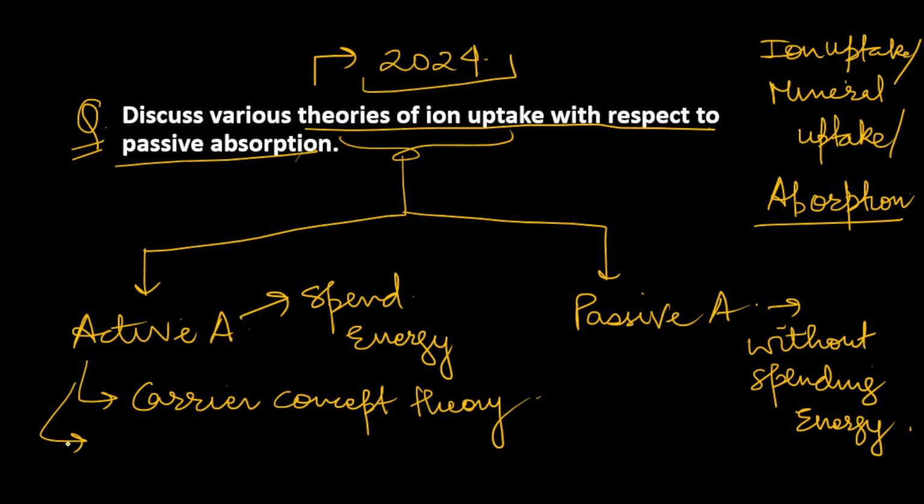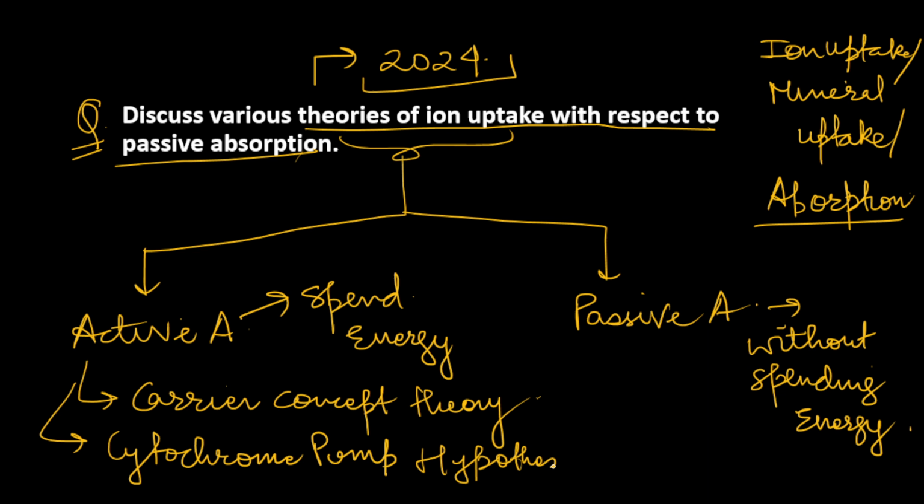There is the protein theory, and there are various theories related to it. There is one cytochrome pump hypothesis theory which is important. So these are the theories related to active absorption.